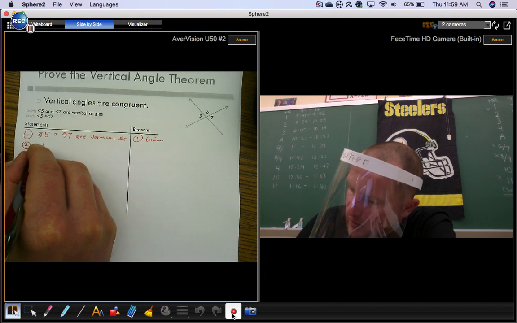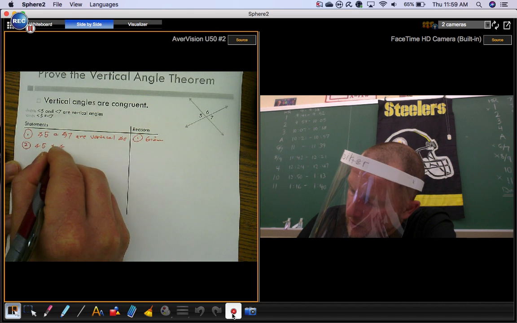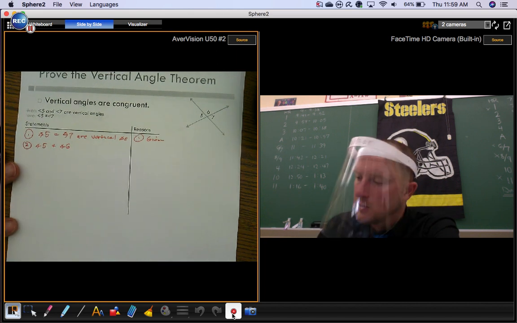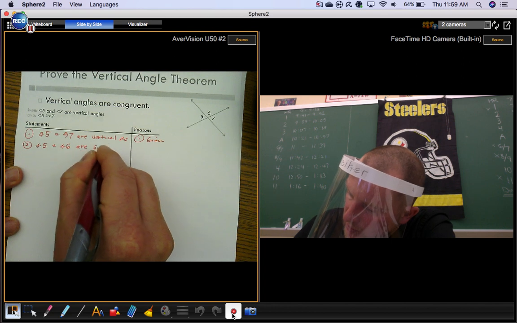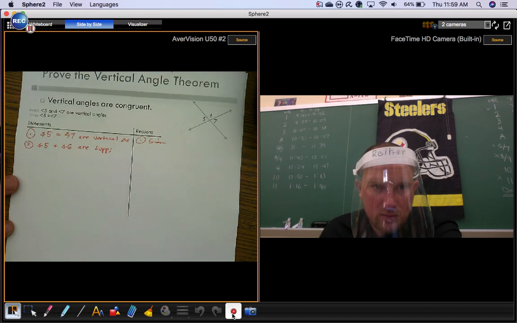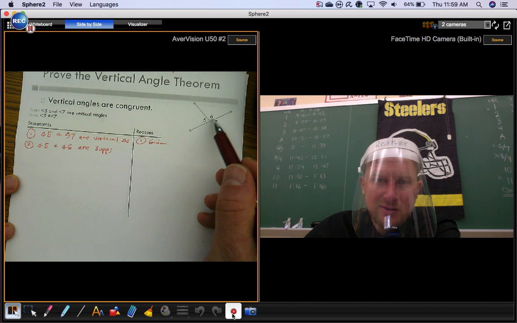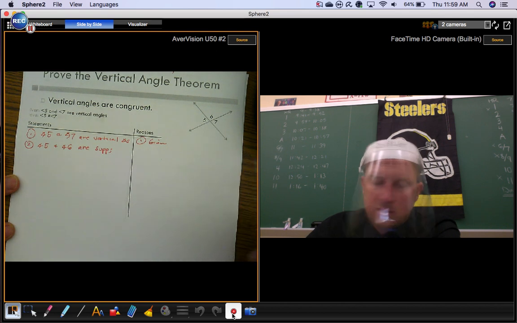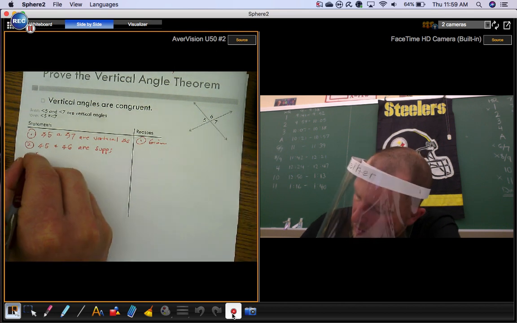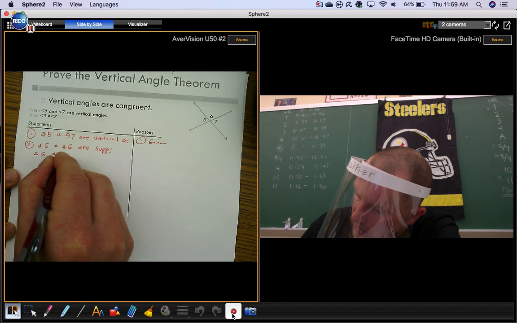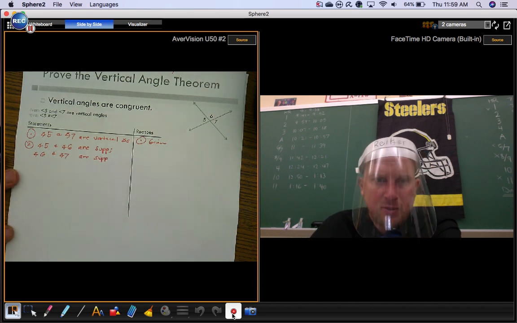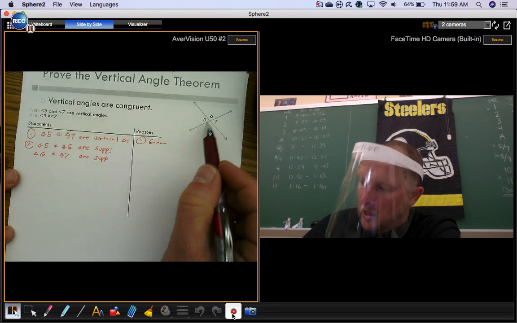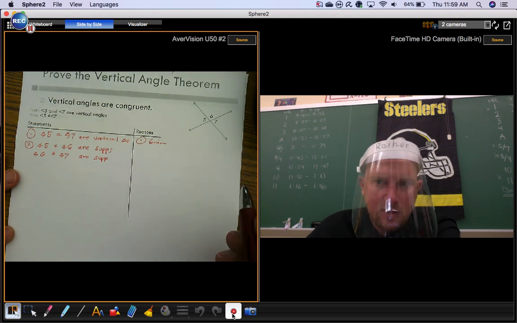I'm going to say that angle 5 and angle 6 are supplementary angles. Don't they make a linear pair? Also, angle 6 and angle 7 are supplementary as well. I'm just noticing this from the diagram.